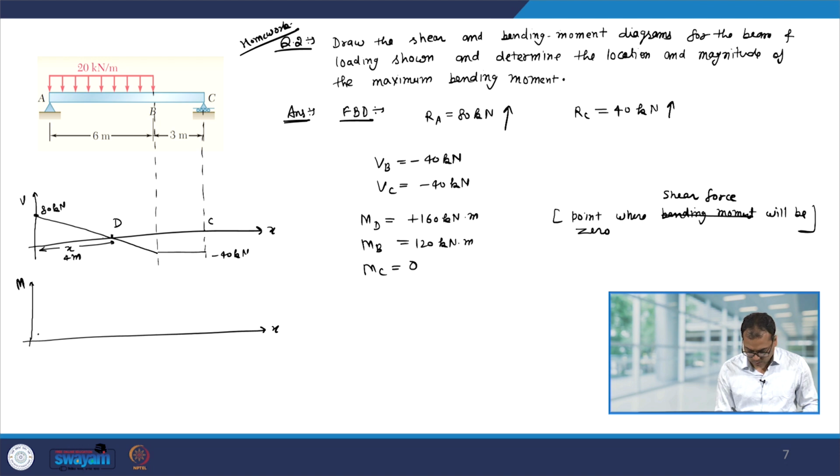So, it will attain a maxima at point D, and then it will be like this. So, from here to here it will be a straight line. So, here it will be 120 kilonewton meter, and here it will attain the maxima 160 kilonewton meter.